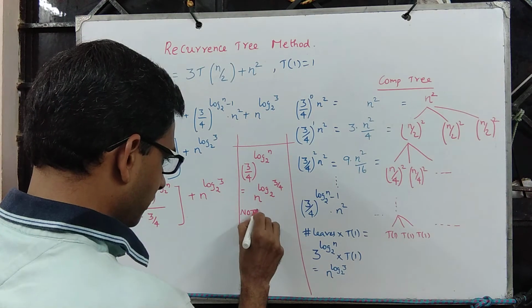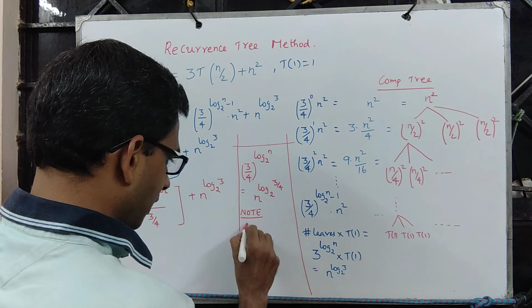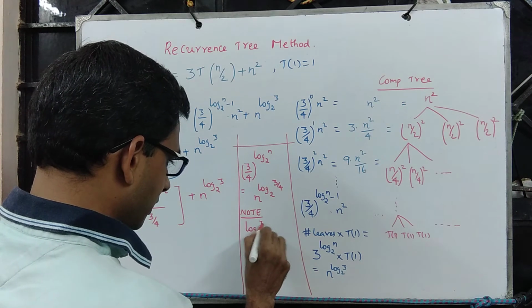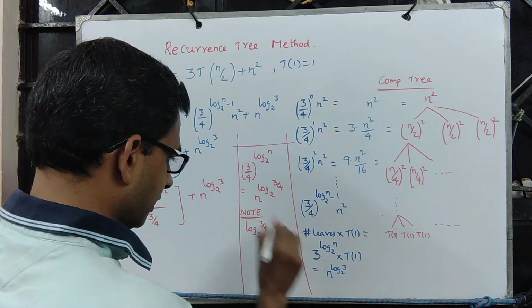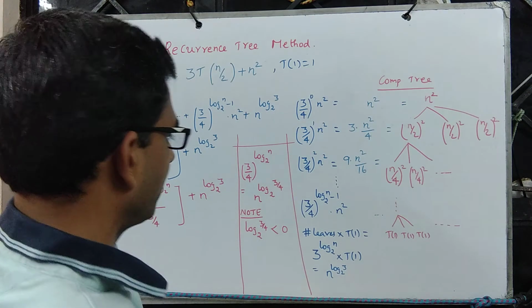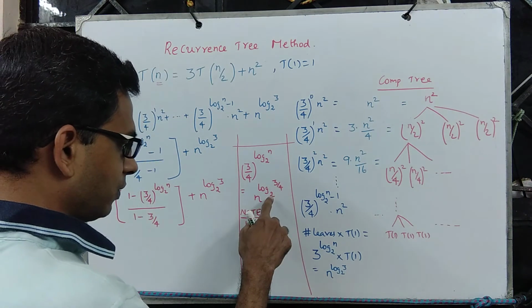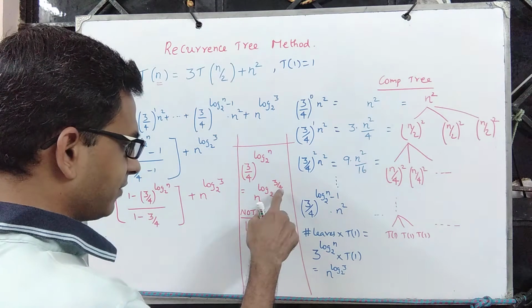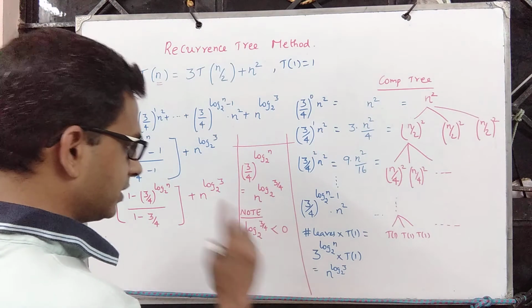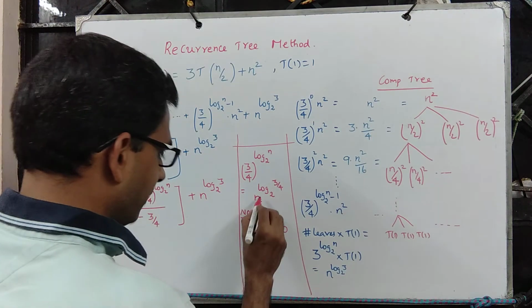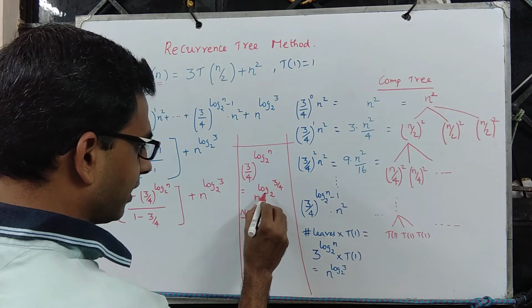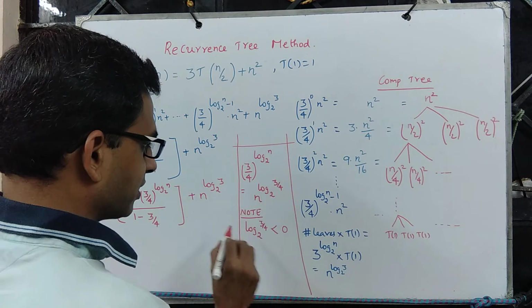So note, log (3/4) base 2 is less than 0, correct? Because log 1 is 0. Now this is log 0.75 base 2, so this is less than 0, which means n to the power something like minus some constant.